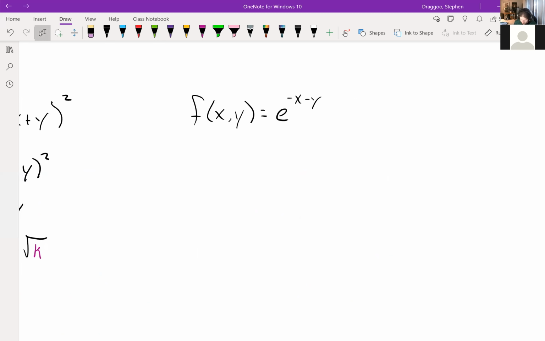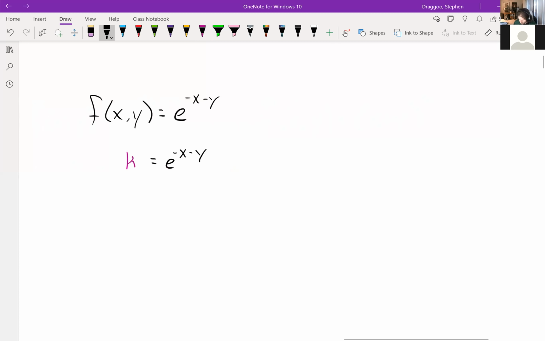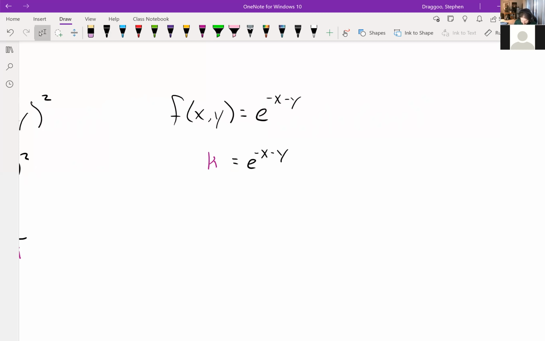All right, up next, I think I just wanted to look at 3 of these things. I've got k equals e to the negative x minus y. Man, do these all work out to be lines? Apparently that's what I was focusing on. I'll take the natural log of each side.